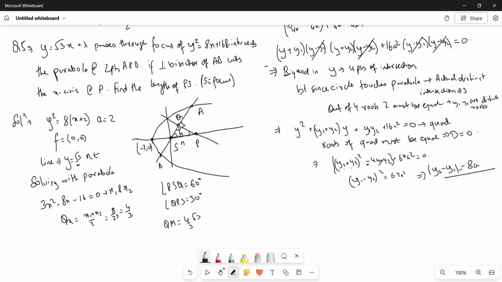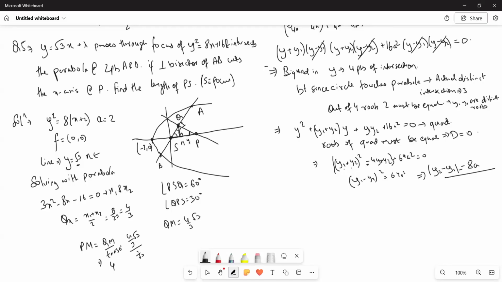So we know this QM and this angle is 30 degrees. How would we find PM? tan 30 is QM by PM, so PM is QM by tan 30, which is 4/3 root 3 by 1 by root 3. The 3 cancels, so PM would be 4.